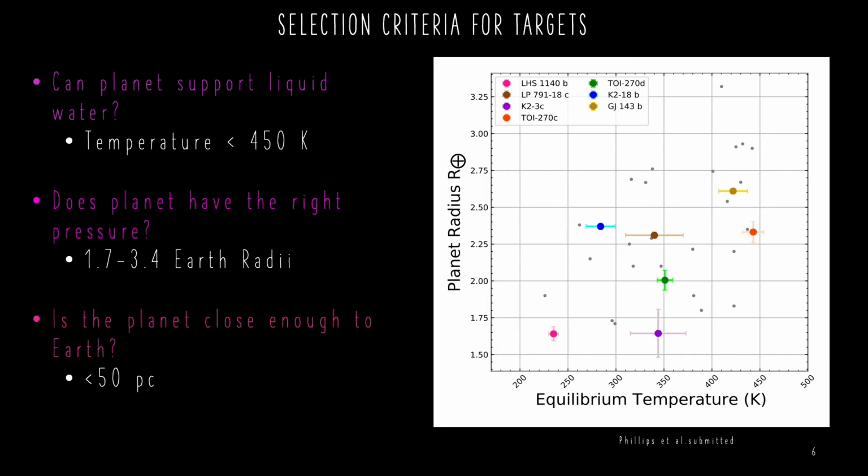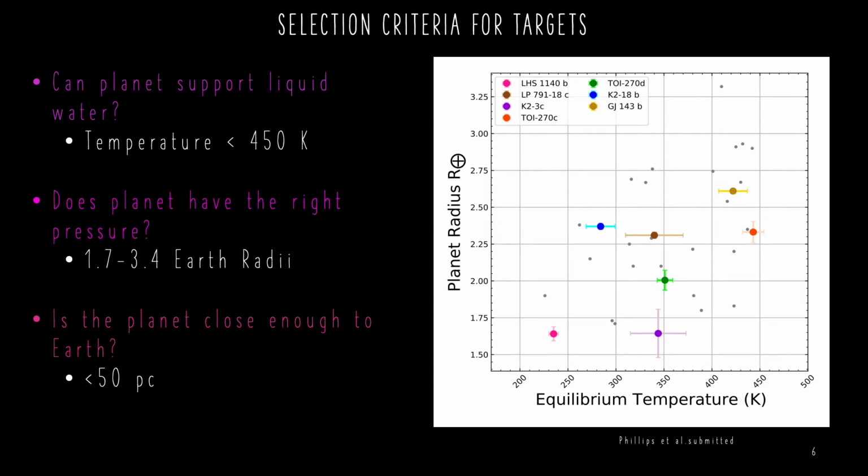We want it to have the right pressure between 1.7 and 3.4 Earth radii, and the upper cut is to make sure that it doesn't have too high of a pressure to produce ammonia abiotically through the Haber process like here on Earth. We want to make sure that the planet has the right temperature to support liquid water, and is not too hot, and then also we want to make sure it's close enough so that we have adequate flux from the host star and the planet.